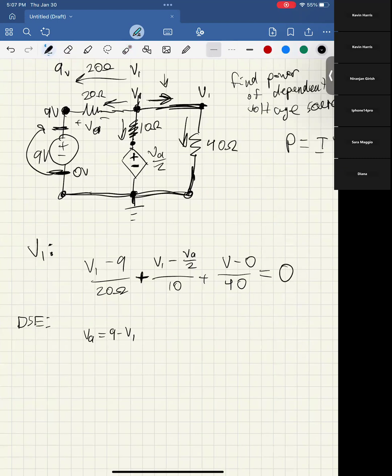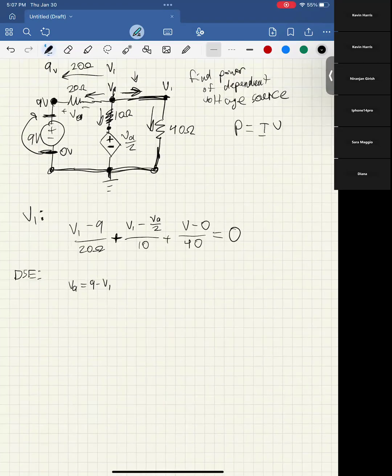And now we have two equations and two unknowns, and we can just solve for it using whatever algebra you want. I'll do a quick example of how that might work, and I will try my best not to mess up. So start by multiplying by your biggest common denominator, or common factor, I don't remember the words. It's been a while. But yeah, we got 10 ohms, 40 ohms, so I'll multiply everything by 40.